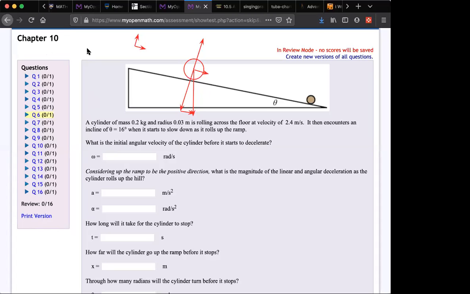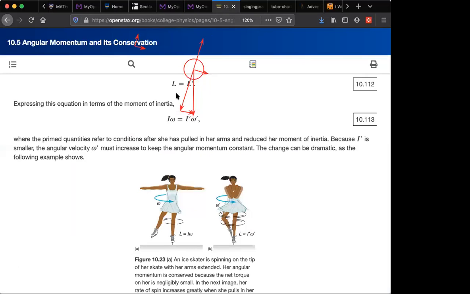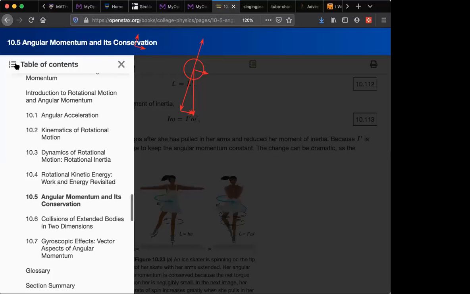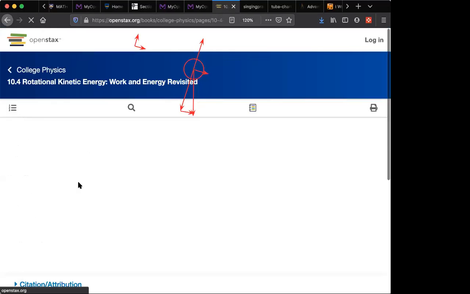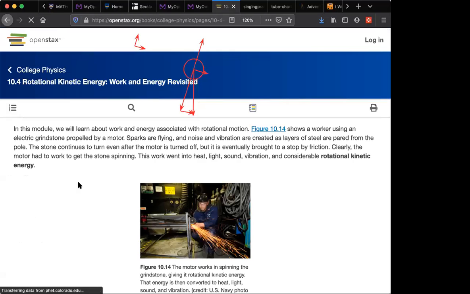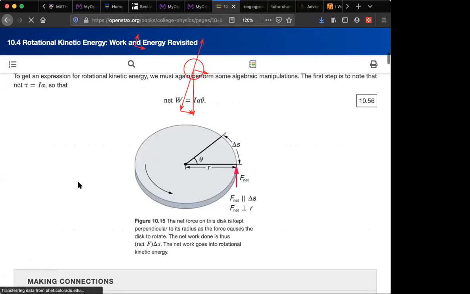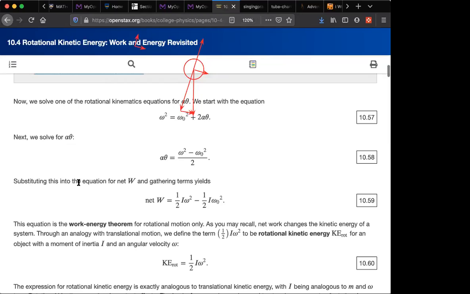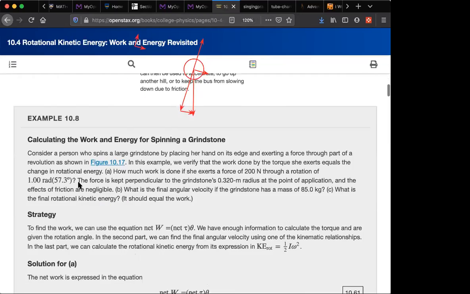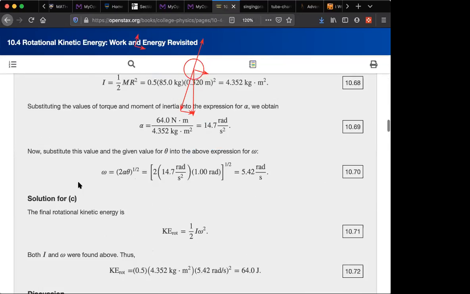Did we learn, I can't remember if this chapter taught us, let me just check something really quick. Did we learn about the parallel axis theorem? I don't remember if we did or not. I don't think we did. I think that's in the calculus-based version of this class.